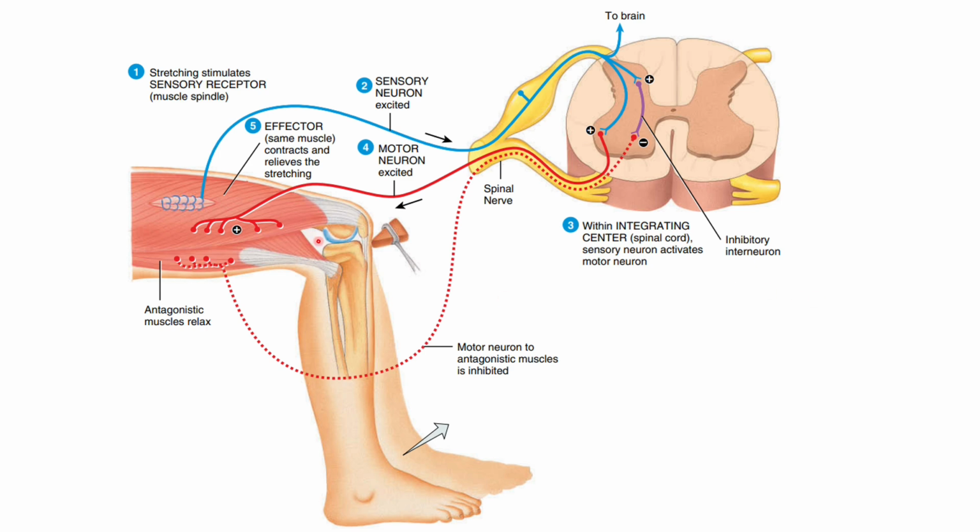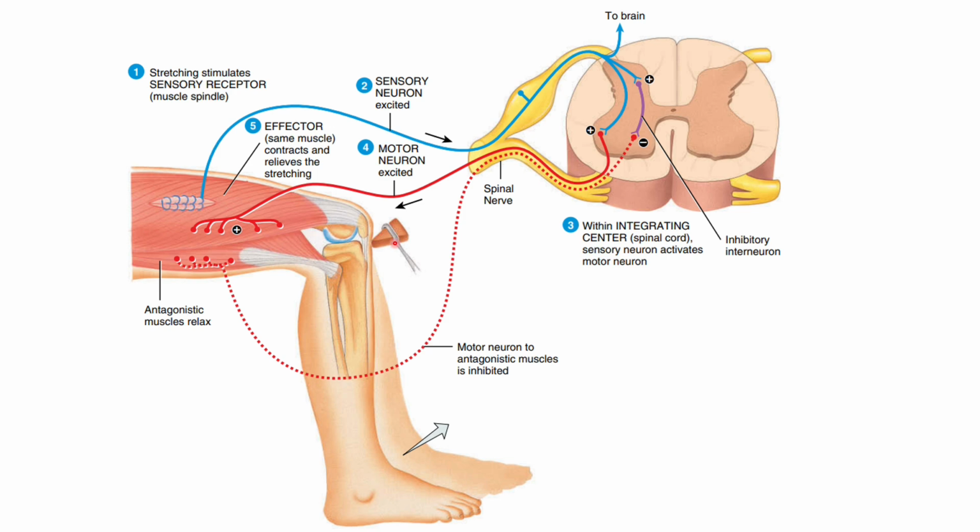In this case, this kind of neuronal circuit we call a reflex, and this is a spinal reflex because the integration is at the level of the spinal cord, and we call it a stretch reflex because the stimulus here was a stretch stimulus.